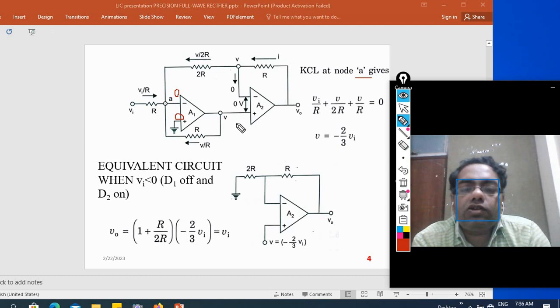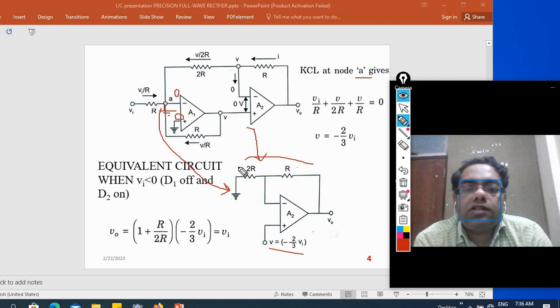Now this circuit's equivalent can be drawn like this. At node A the voltage is 0, so we can consider a ground like this. So this is 2R and the circuit becomes like this, and V is replaced by this voltage.